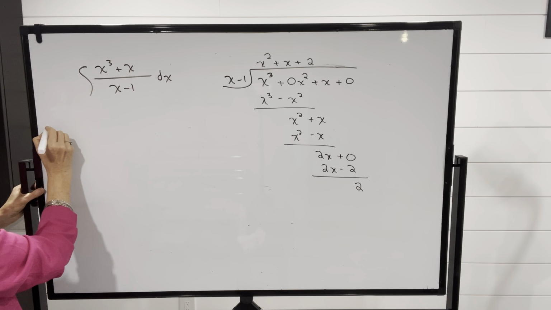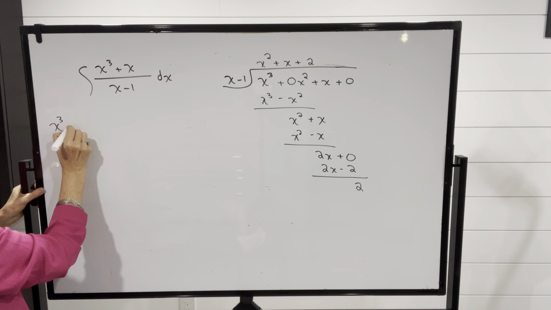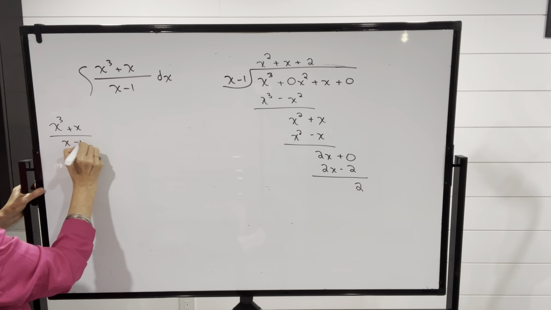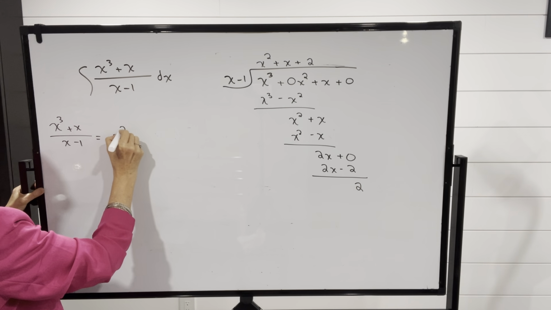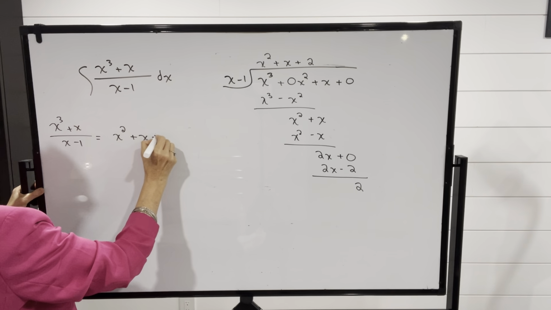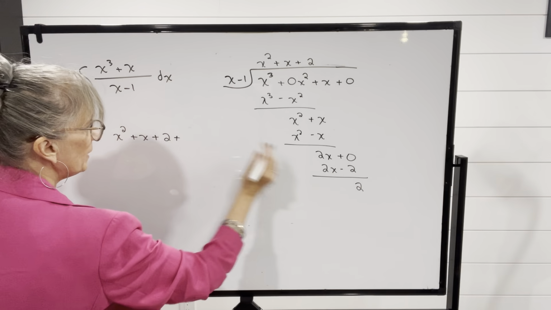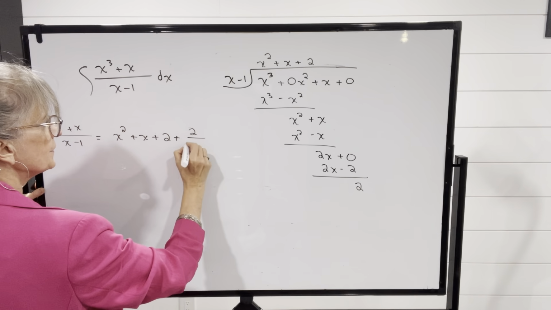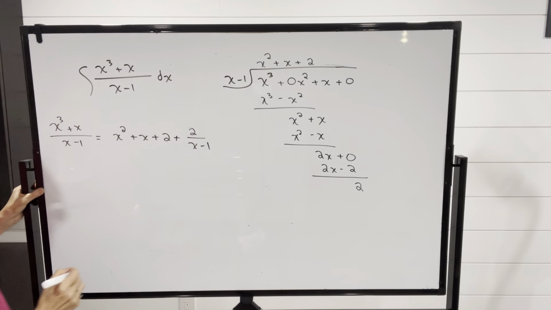So x cubed plus x over x minus 1 will be equal to x squared plus x plus 2 plus the remainder over the divisor of x minus 1.